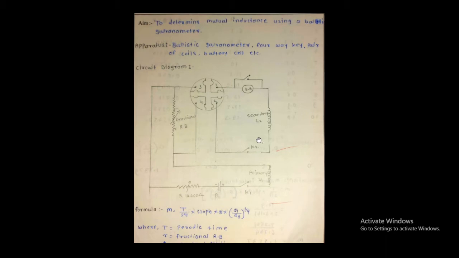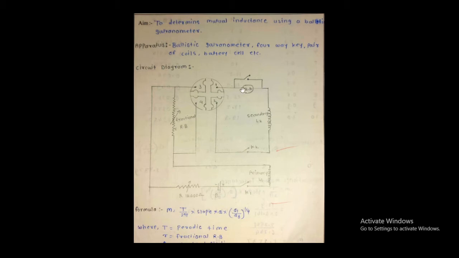Now, I am going to explain the present circuit diagram for the determination of mutual inductance of a pair of coils. The primary coil is denoted as L1 and the secondary coil is denoted as L2.